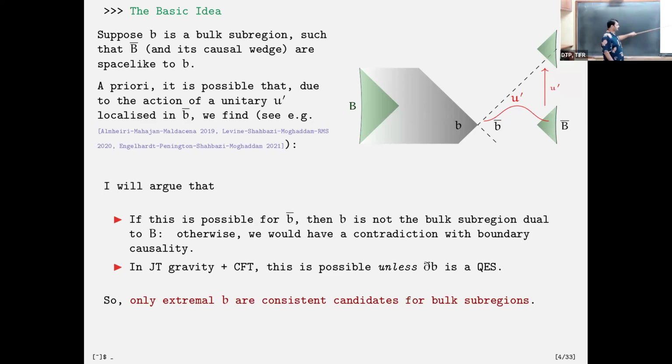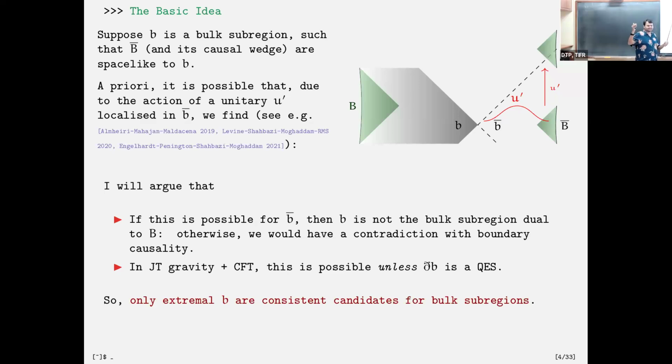Then I will take a specific system, JT gravity plus CFT, and prove that such a U prime exists, which makes these two come into causal contact unless this point is an extremal surface. So this one consistency condition reduces the set of possible bulk duals to extremal surfaces.